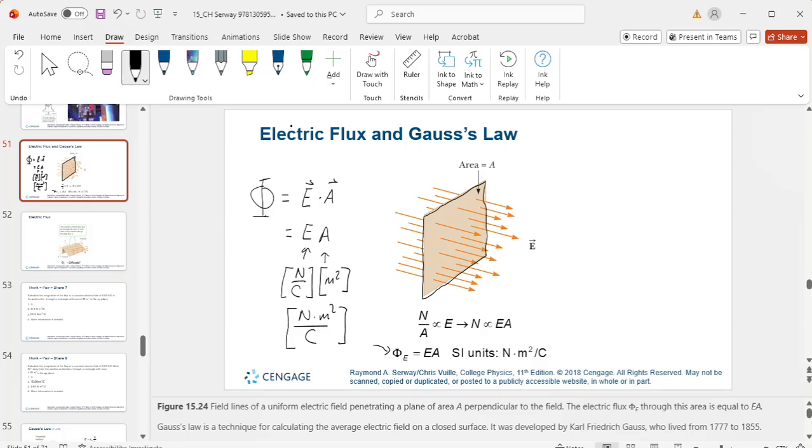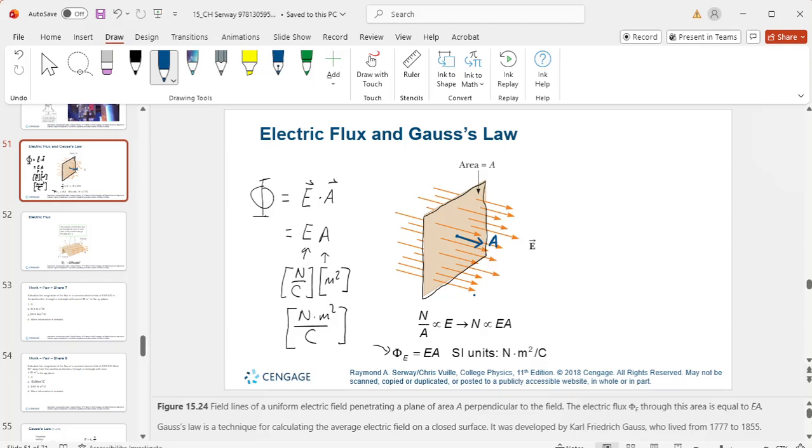Oh, by the way, remember that the direction that's associated with areas is perpendicular to the surface. So in this case, my area would have a direction parallel with the electric field. When my pane is oriented such that the surface itself is perpendicular to the field, then we say that the direction of the pane is parallel with the field.